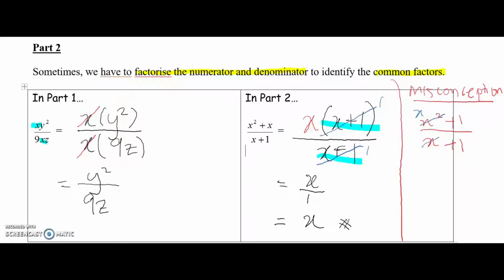And by simply doing this, they also thought that they can divide the second term, 1, for the numerator by 1 for the denominator. This is incorrect and cannot be done because the numerator is not completely factorized. You can only divide common factors of numerator and denominator when the expression is completely factorized.